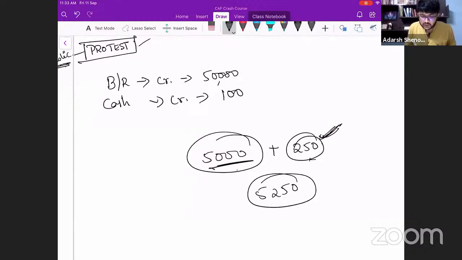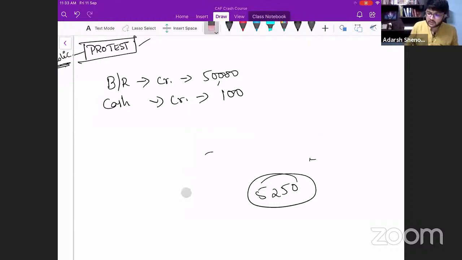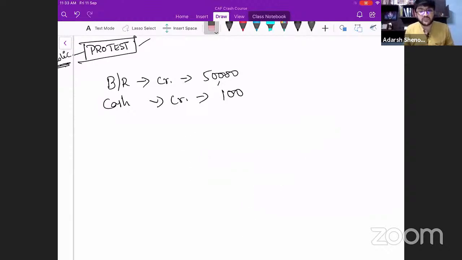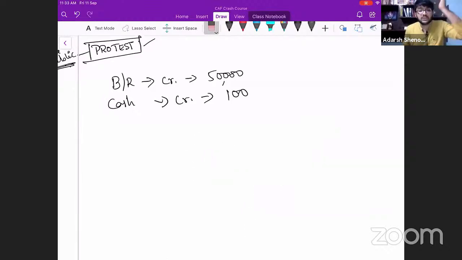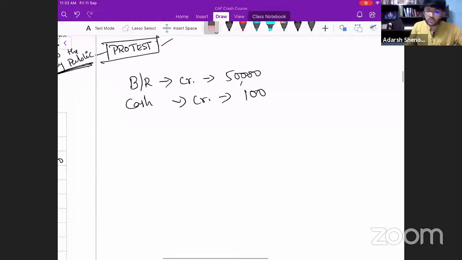This I'm going to recover from the party itself. So here also same concept. The noting charges are to be recovered from which party? The party who was dishonoring, the party who is not respecting the legal obligation. So we should hold the defaulting party responsible.